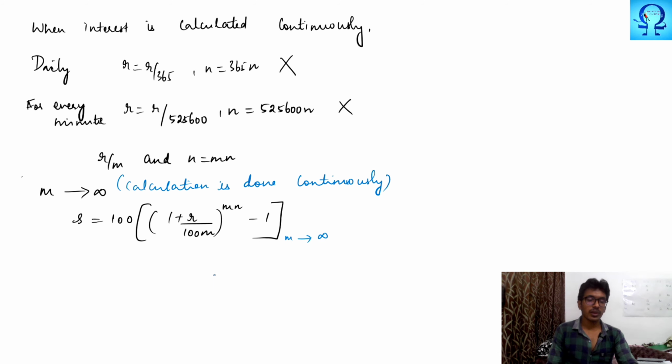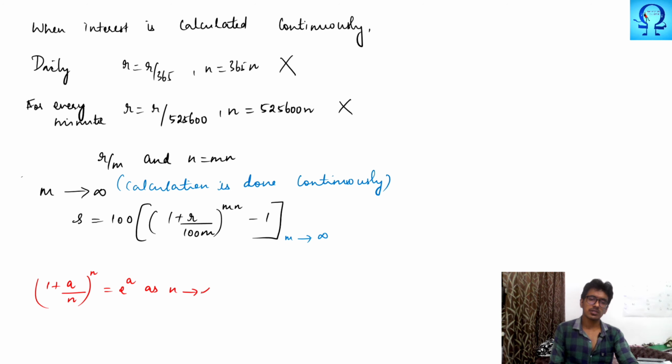As of now, we cannot get into more details of the things happening here. So let me give you a mathematical result that we have, and that would help you. 1 plus a upon n, whole power n, is e power a as n approaches infinity.